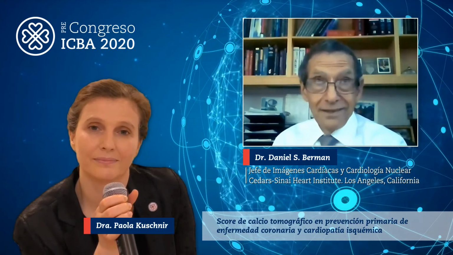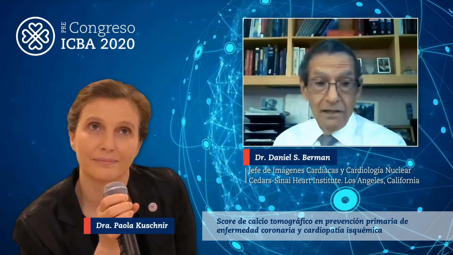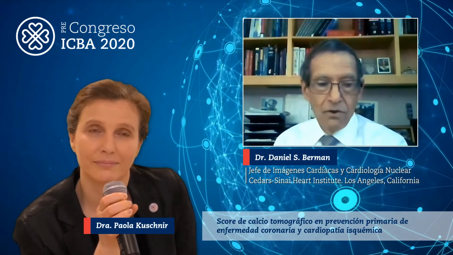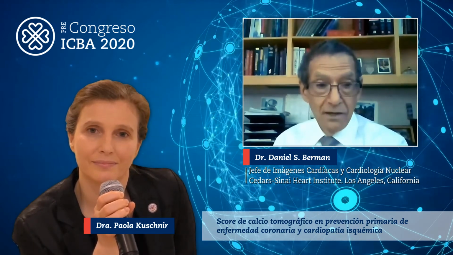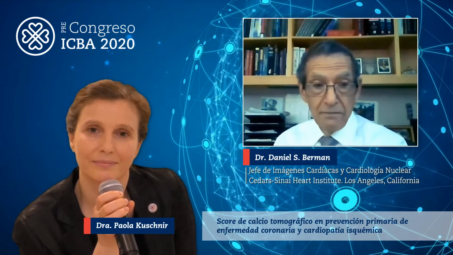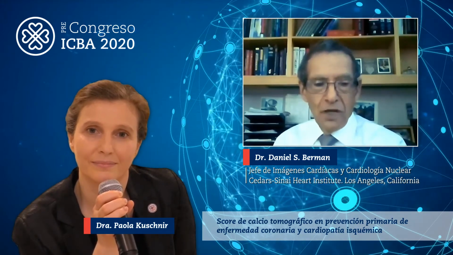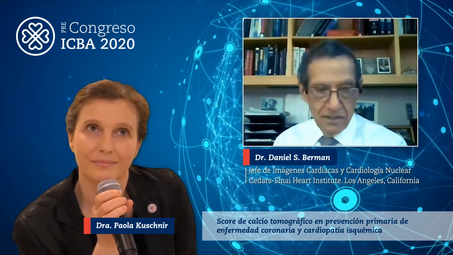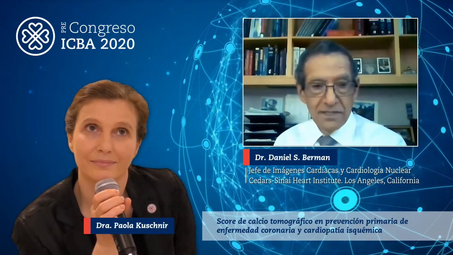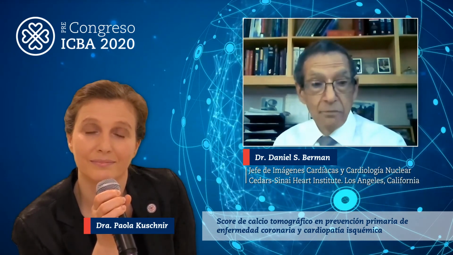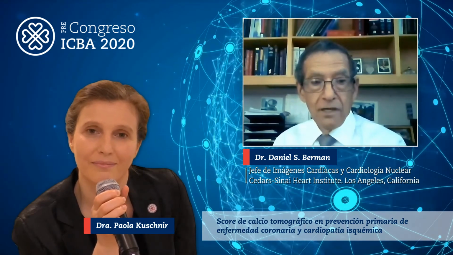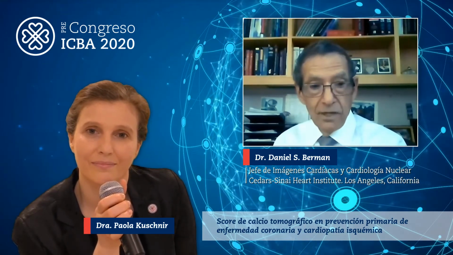Now, importantly, things like the ISCHEMIA trial have taught us that it's not all coronary artery disease that is associated with ischemia that would result in a change in management. But what we're looking for is the high-risk coronary disease, stenosis in, let's say, the proximal vessels or the left main, where we would consider much more aggressive treatment.